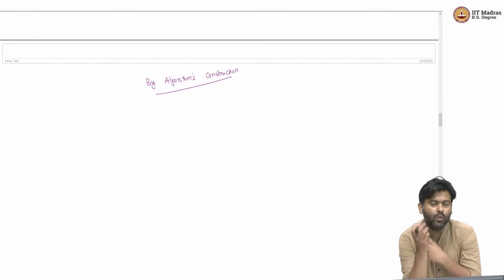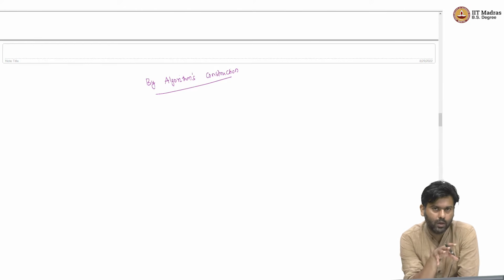What does that mean? If you look at cluster 1, each data point assigned to cluster 1 is closer to mu1 than mu2 in terms of distance squared. That is what it means.